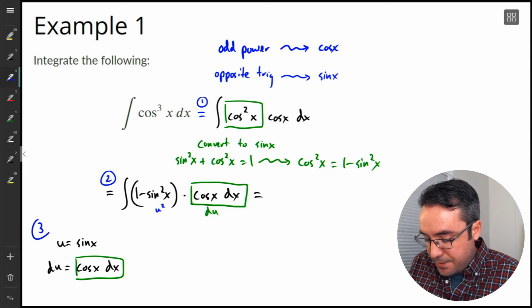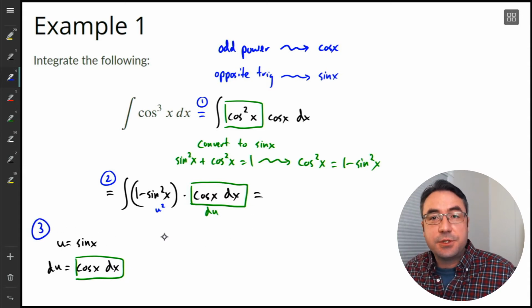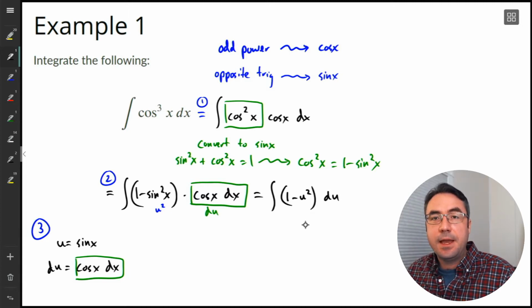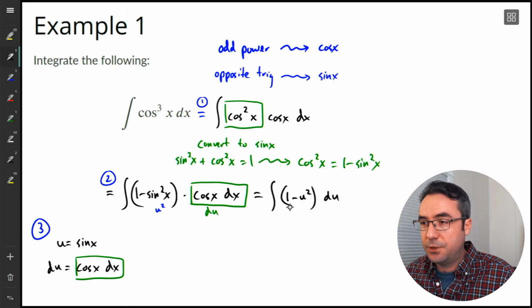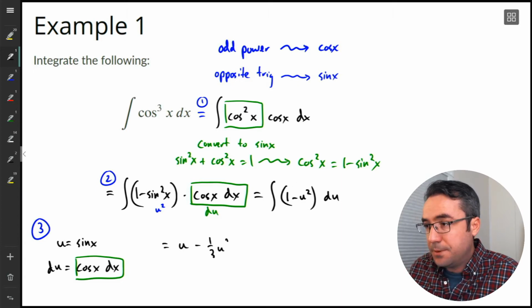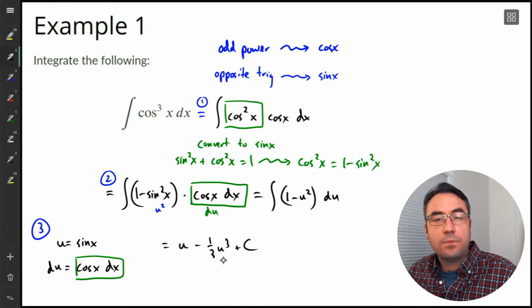So that's step 3, to really just start the u substitution. If we put all of our ingredients in, we get 1 minus u squared times du. And now we just finish that integration, like a usual substitution rule. So we do the antiderivative. We get u minus 1/3 u cubed plus c. And then we're done. We found the antiderivative.